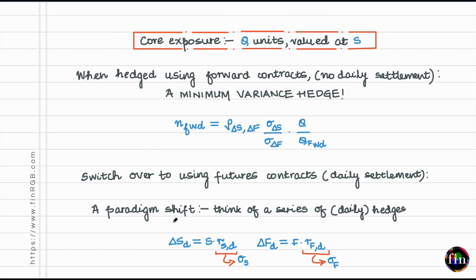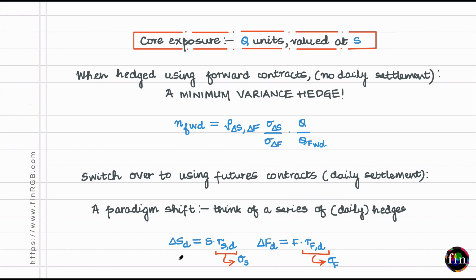Why is that so? Because when I talk about the daily settlement feature, it's like I am opening and closing futures based hedges on a daily basis. So, I switch to a daily change in S and F.